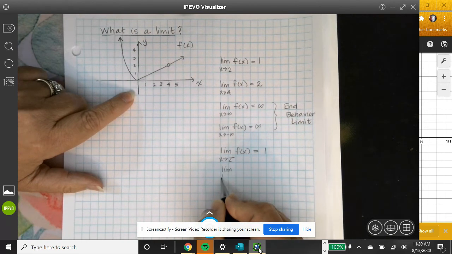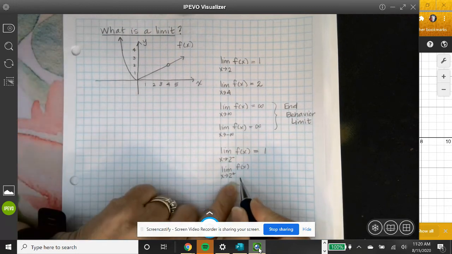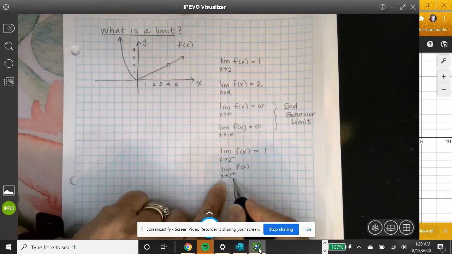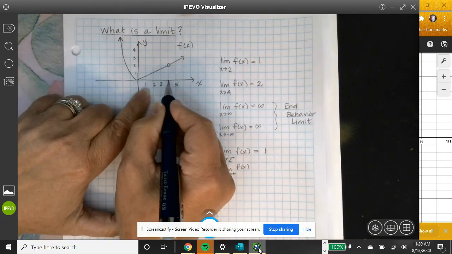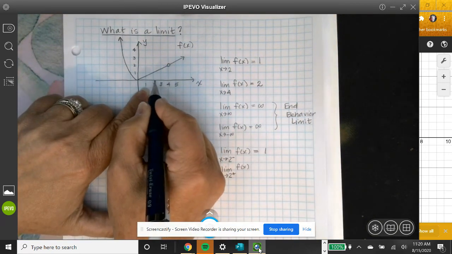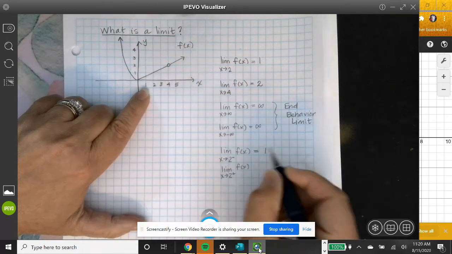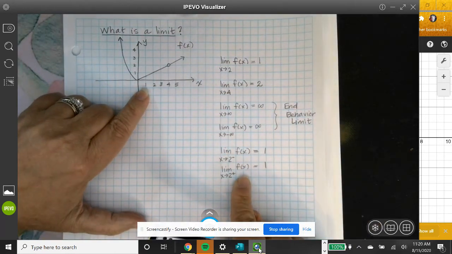So I can say the limit as x approaches 2. We can also come at it from, we use a positive to designate the right side. So the limit of f of x as x approaches 2 from the positive side. So let's go from the positive side. As x gets closer and closer to 2 from the positive side, my function gets closer and closer to 1 from the positive side.